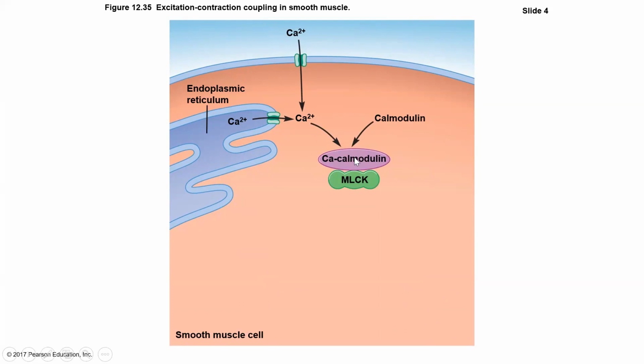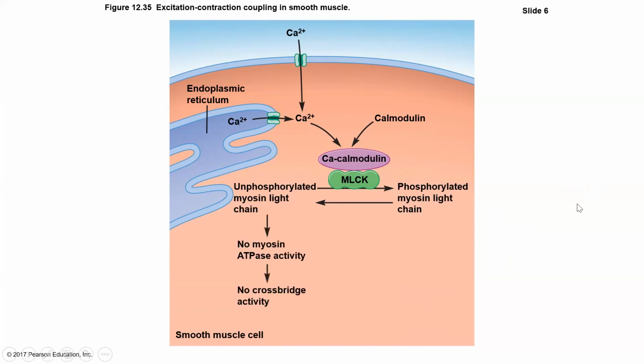So again, the calcium-calmodulin complex turns on MLCK, which phosphorylates the myosin heads; phosphatases dephosphorylate them. If we dephosphorylate, we cease cross-bridge cycling, whereas if we phosphorylate, we bring about cross-bridge cycling and contractions.